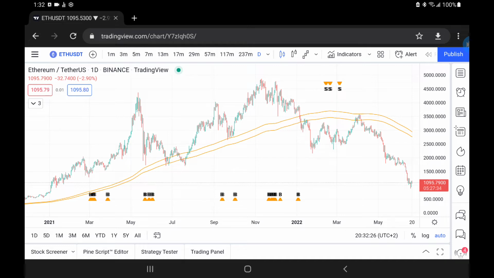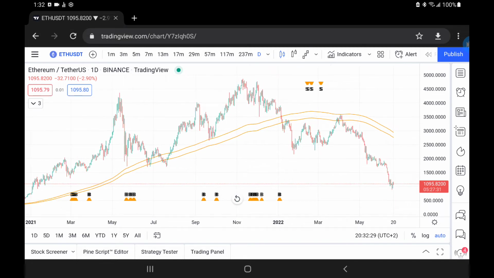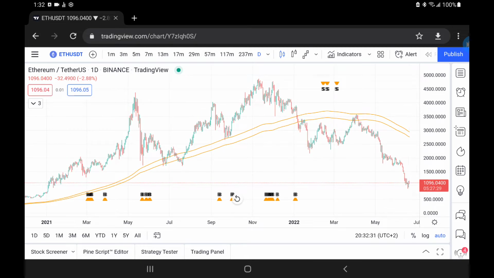What you are looking at is the daily chart of Ethereum with a momentum line. I'm using a banded momentum that is based upon the high and the low of the candles.